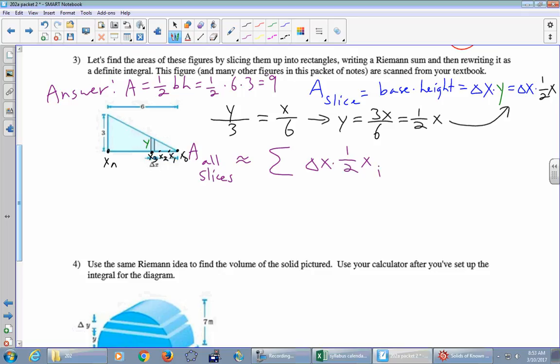That x is just going to change, it's going to sweep out the whole triangle by letting x change, x1, x2, x3, x4, x5, okay? And the delta x is just a particular distance, like maybe it's a 1/2 centimeter or something, a unit. Okay, and then we're always going to do i equals 1 to n, that's just standard.